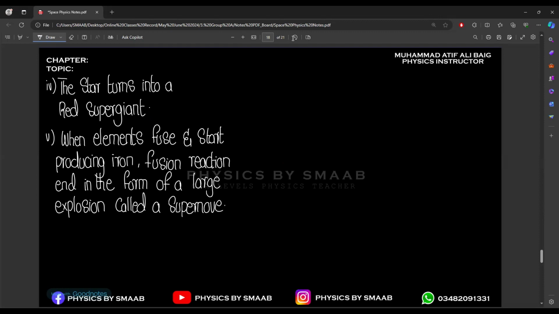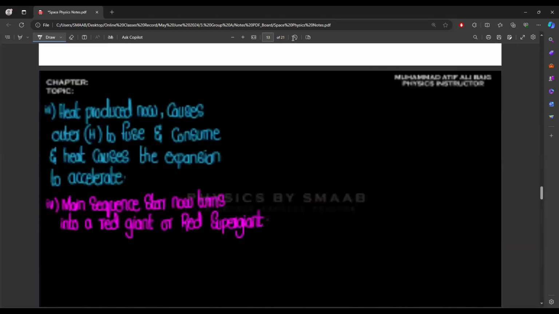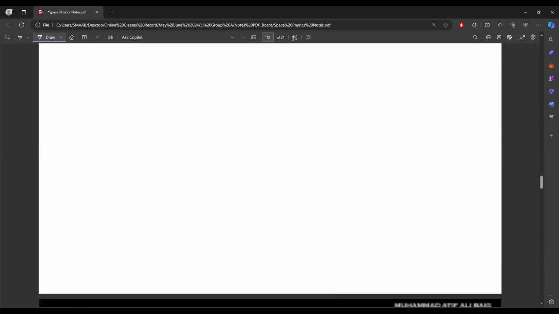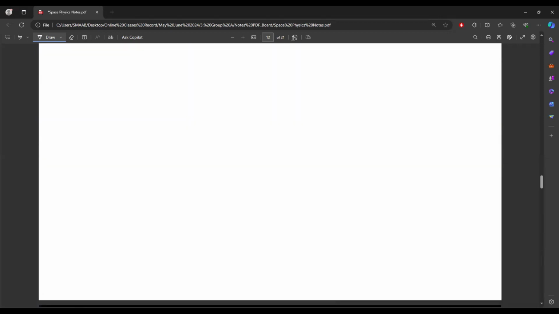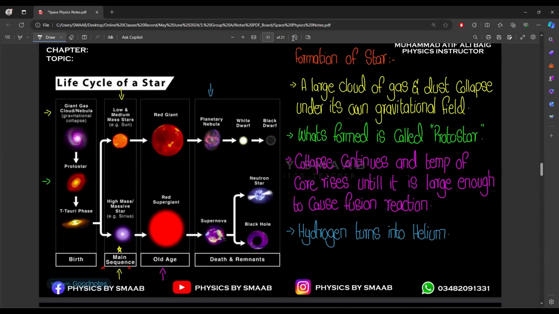And in that chart, if you observe one thing, that this red supergiant converts into a supernova, and that supernova converts into a neutron star or a black hole.